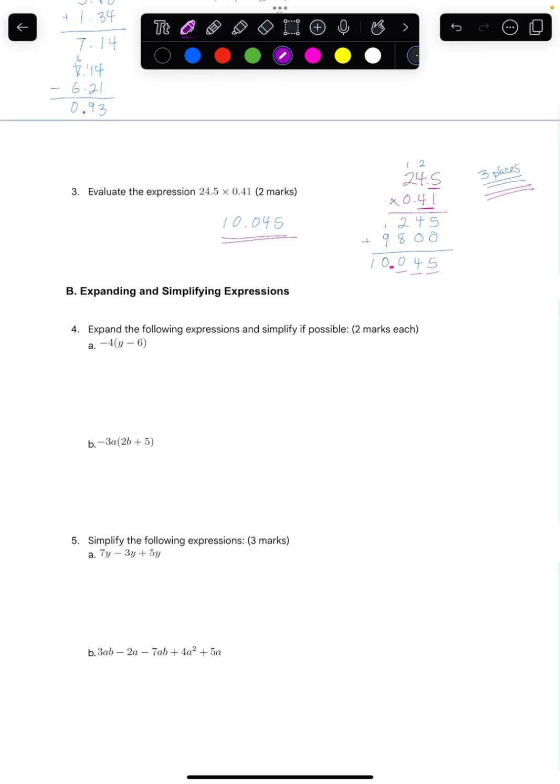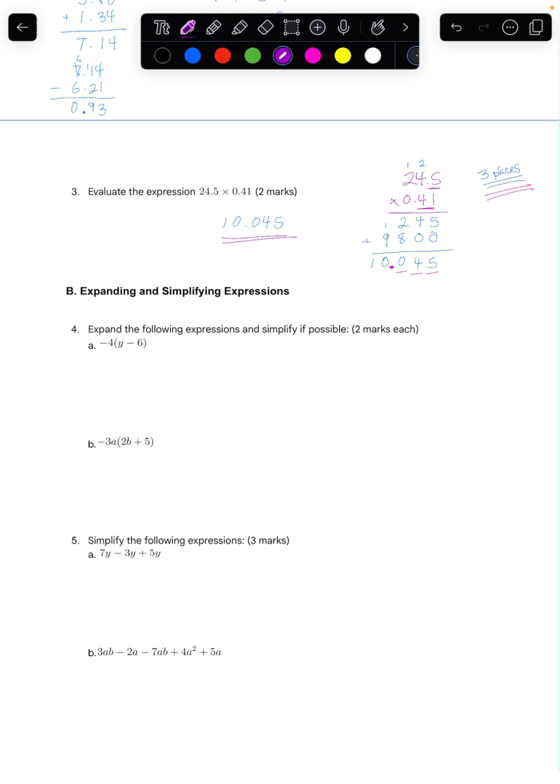Next, expanding and simplifying expressions. Expand really just means to multiply. Simplify suggests that we combine any like terms. So let's take a look at negative 4 times the binomial y minus 6. Because there's a variable in the binomial, we're always going to end up with 2 terms.